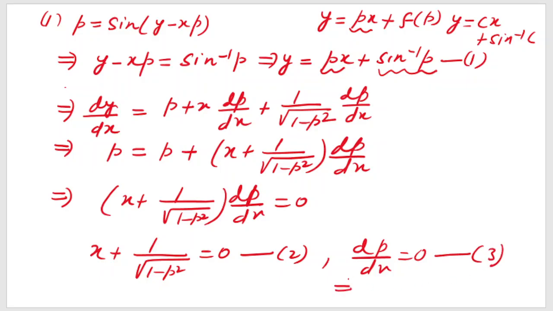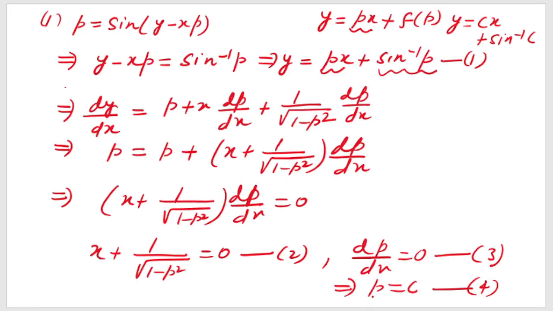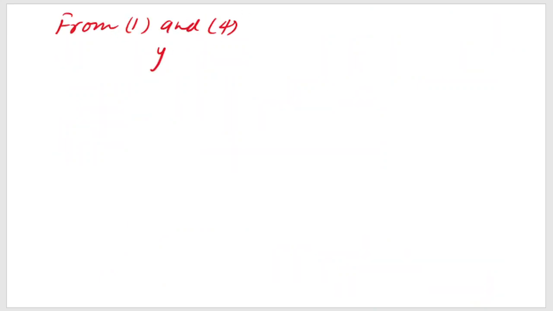From this I get p is equal to c, and let me call this equation number 4. From 1 and 4 we get the general solution, because I can eliminate p here. So I will get y is equal to cx plus sine inverse c.